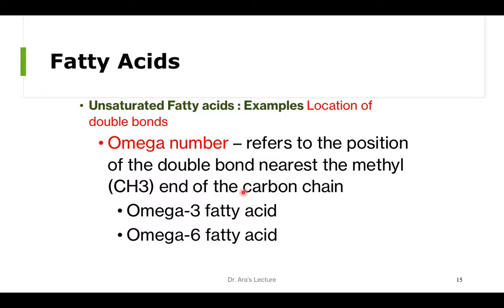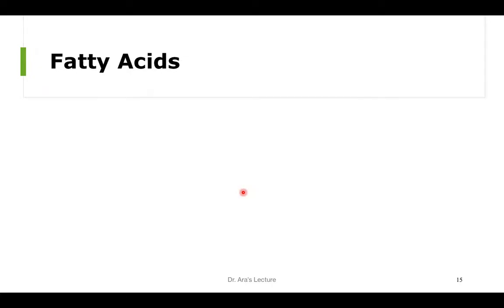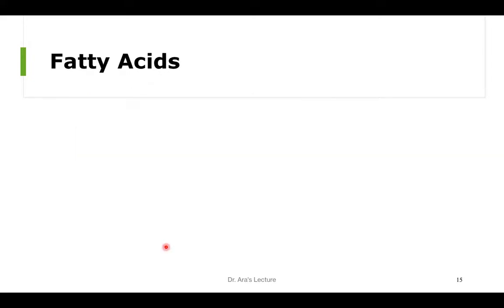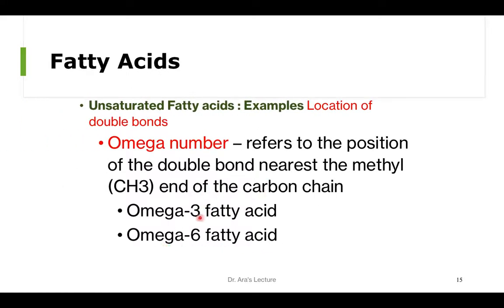So if we have the double bond nearest to the methyl end, in that case we will number it, and then we will say 3, 4, 5 omega, and then we will say the fatty acid, like omega 3 fatty acid, omega 6 fatty acid, etc.